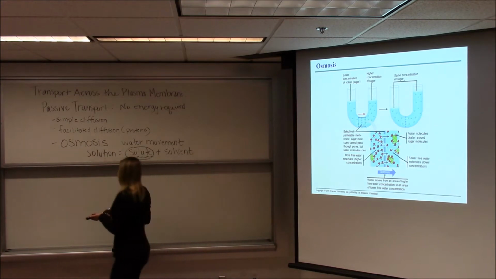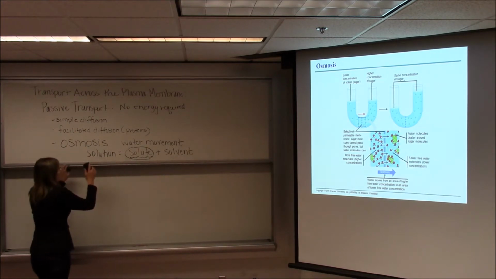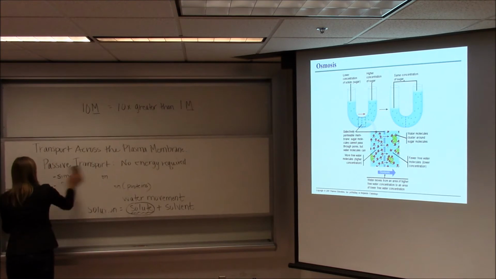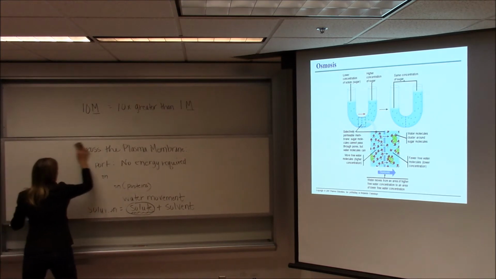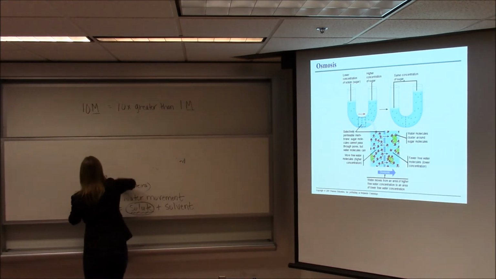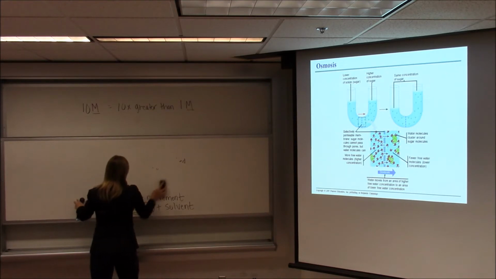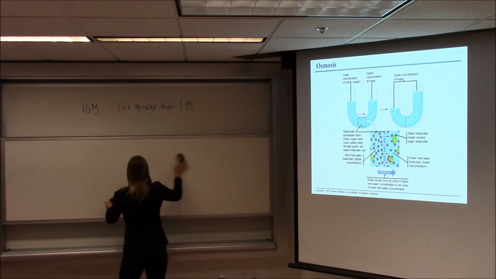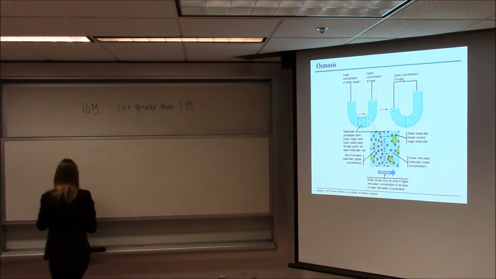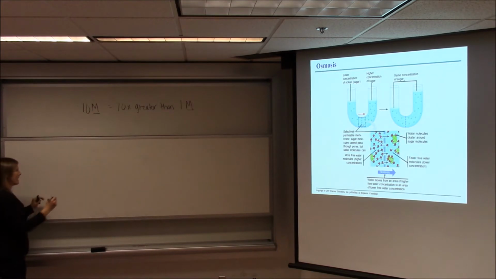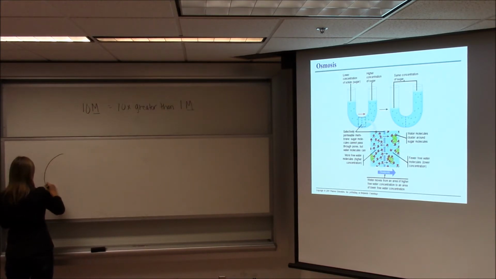And there are going to be some important terms that apply. I need to erase all of this to make room. So we're talking about osmosis, water movement. And let's look at a couple of different scenarios with a cell. So here's a cell.